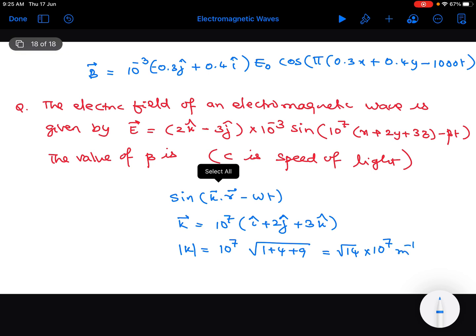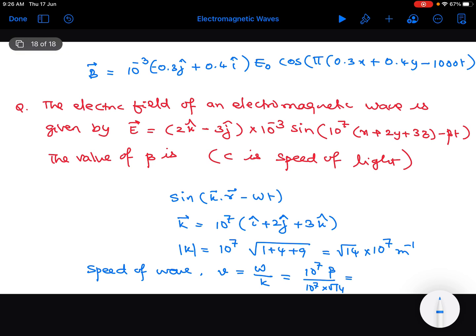Now what is the speed of the wave? Speed of the wave v is equal to omega by k, where omega is 10 power 7 times beta, divided by k, which is 10 power 7 times root 14.